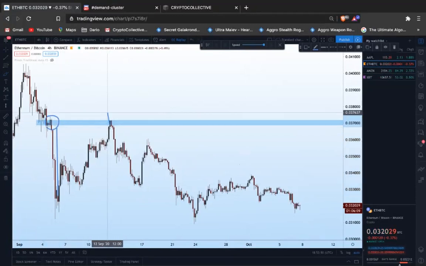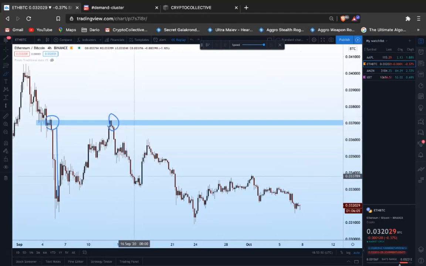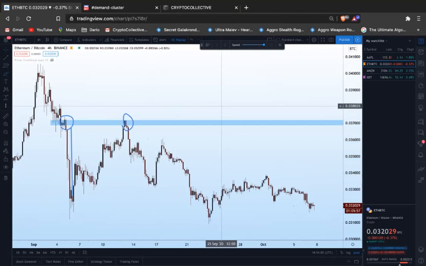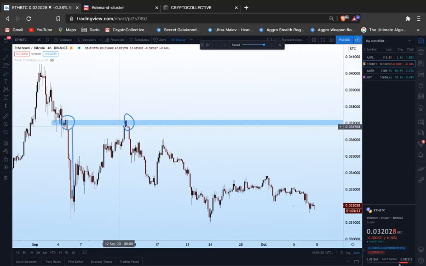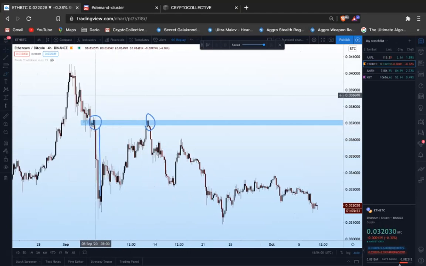You can see we respected it again here and came down again. So you have to learn these and be able to identify these key levels so you can find the best trading opportunities, because the big traders, the companies, the institutions, these are the kind of things they're using. So they're the zones, they're supply and demand zones, and they're order blocks.